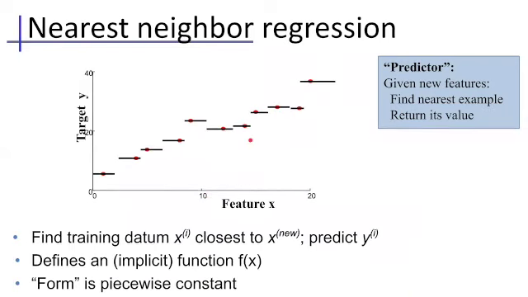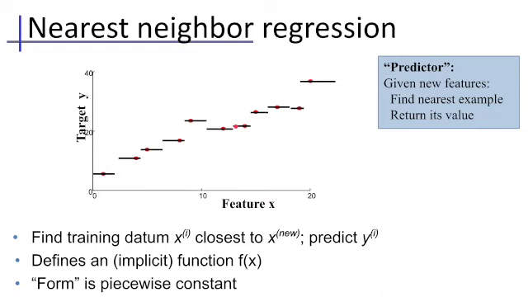As a result, I would generate the predicted values for all data along this x-axis, and they will look something like a piecewise constant function. Why is it piecewise constant? Suppose I have an example here, this is my X new, and this is the corresponding nearest neighbor. But now I walk away from this neighbor.